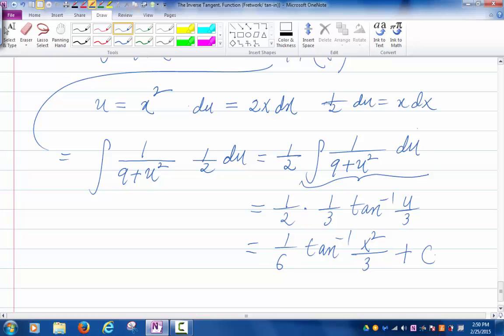Now you could have done the substitution u equals 3x squared if you don't want to remember that formula that I gave.